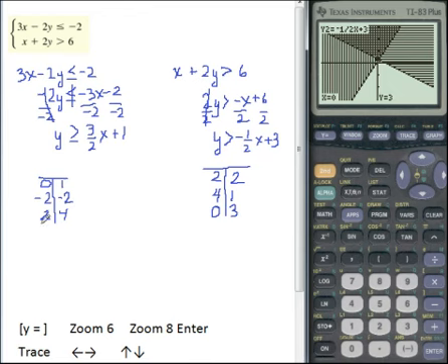So maybe pick one point from the first line, and we'll do our checks down here. Let's use 2, 4, and we'll have 3 times 2 minus 2 times 4. We want to make sure we've graphed the right line.